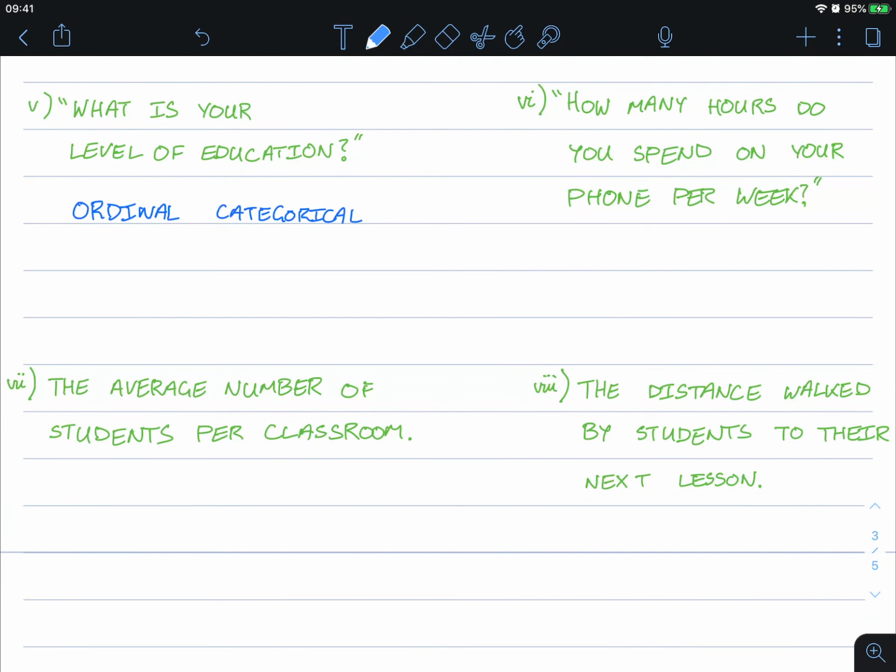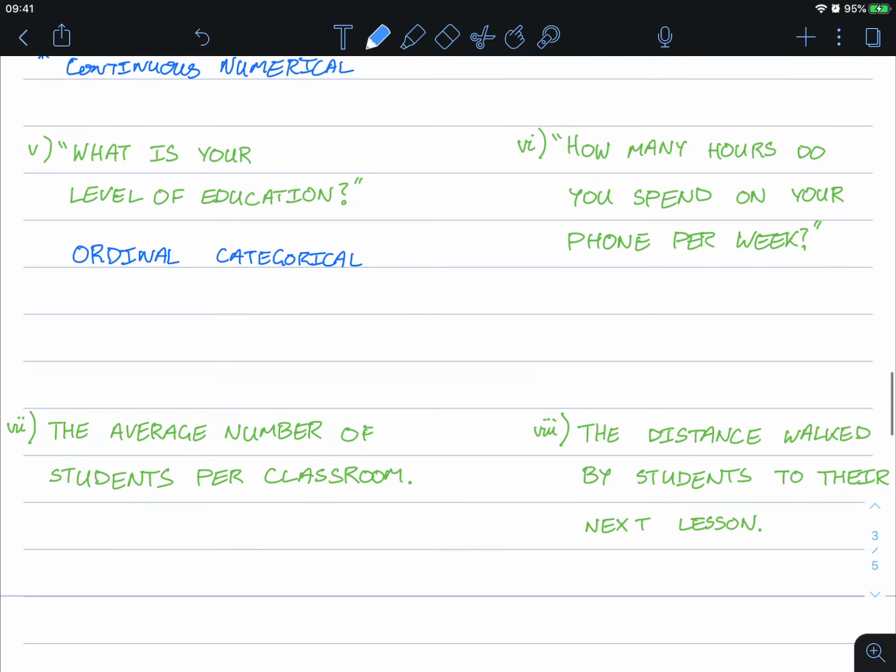How many hours do you spend on your phone per week? Okay, so now this is pretty tricky. Here's where it gets a little tricky, because hours, right? We could spend half an hour, quarter of an hour, 0.2 of an hour. You could argue that this is continuous numerical.